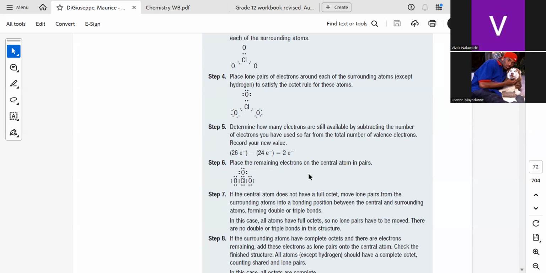We have Cl and we have three oxygens, right? One, two, three. Then we give the shared pair, and then we complete the octet.